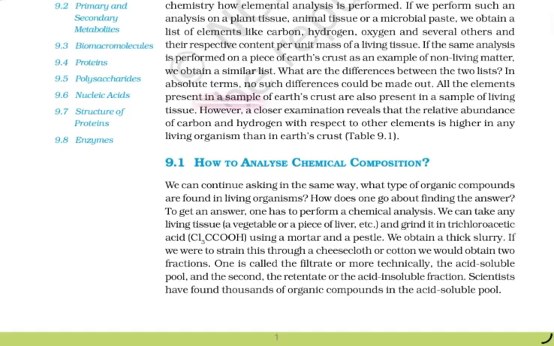All the elements present in the samples of Earth's crust are also present in the samples of living tissues. However, a close examination reveals that the relative abundance of carbon and hydrogen with respect to other elements is higher in living organisms.